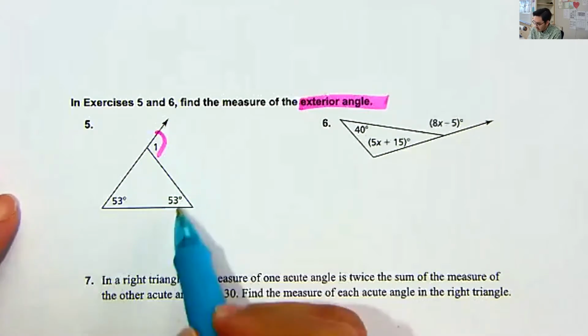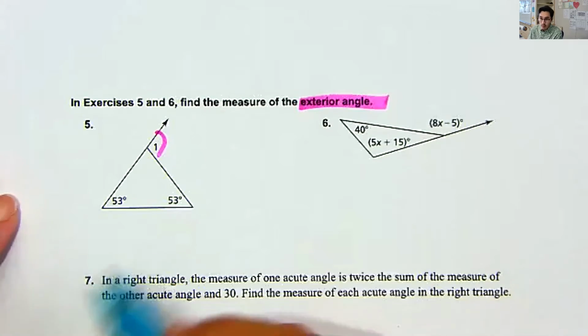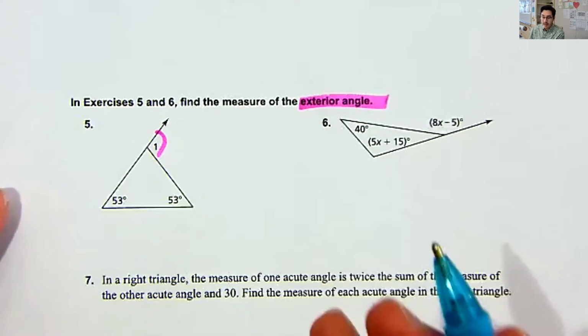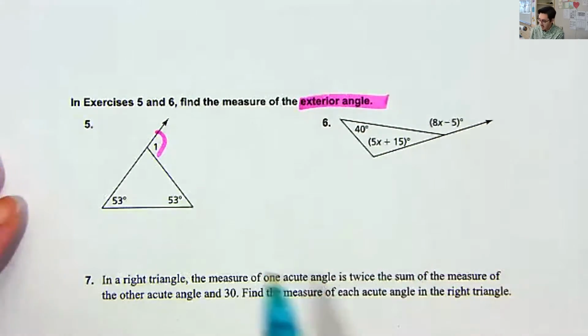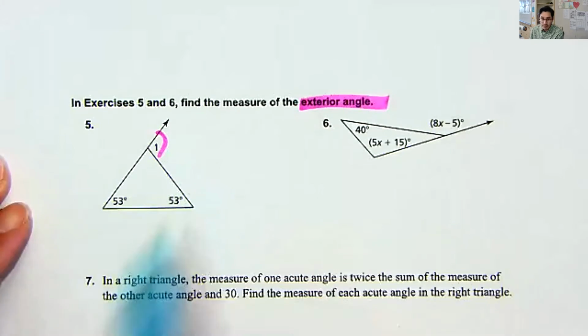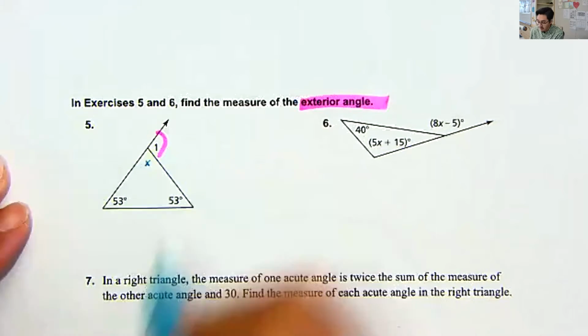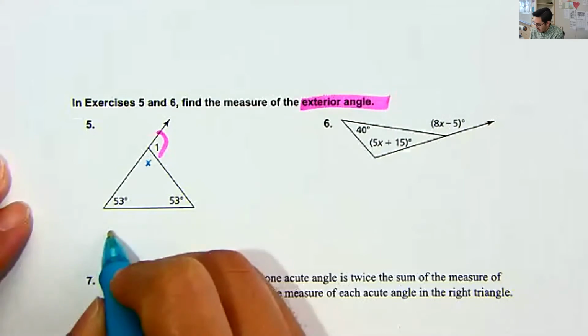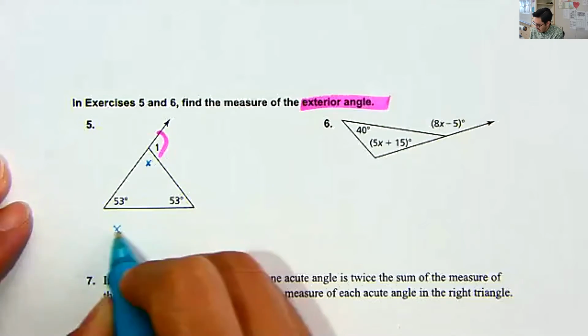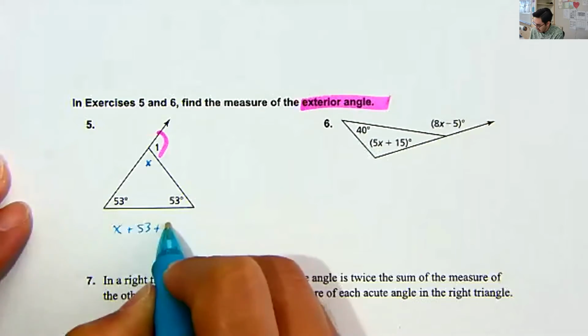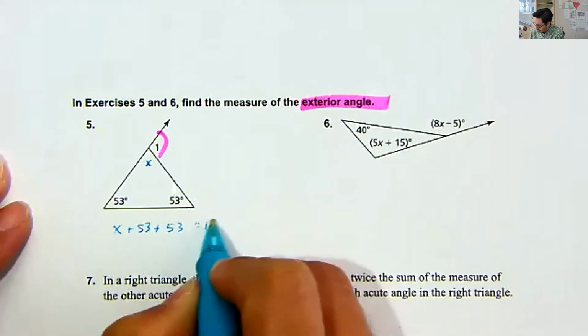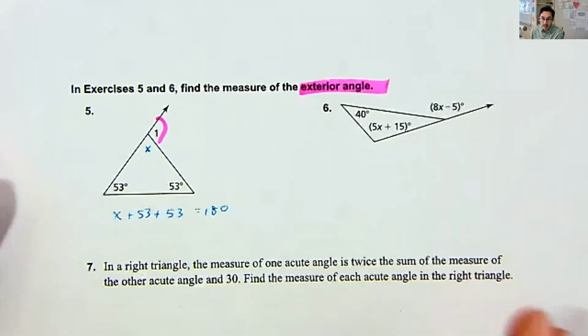All right, well, I've got a triangle here. And so one of the most important things in this lesson is that the sum of the 3 interior angles of a triangle is equal to 180. Right? So let me just call that x for now. I can say that x plus 53 plus 53 equals 180.